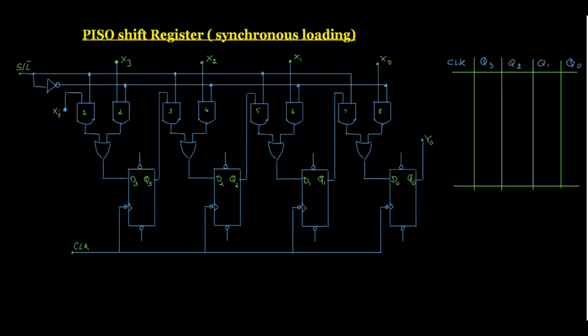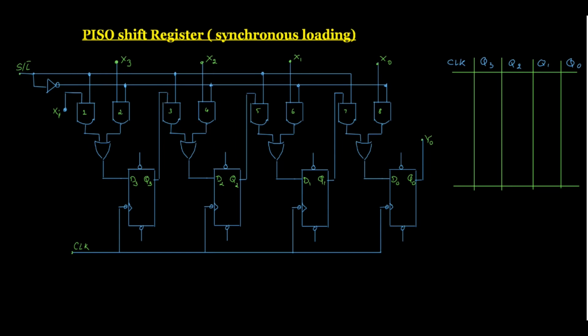Now we will discuss another method for loading the data into a PISO SIP register, and this is known as synchronous loading. Synchronous loading means that through the clock pulse we can transfer our data into a SIP register. Here you can see that one combinational circuit is connected at the input of each D flip-flop, and the output of flip-flop number 3 is connected to a logic circuit for flip-flop number 2.